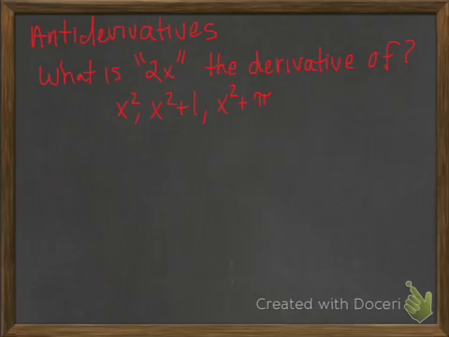So in a general sense, you have x squared plus a constant giving 2x. This is what we call the antiderivative.